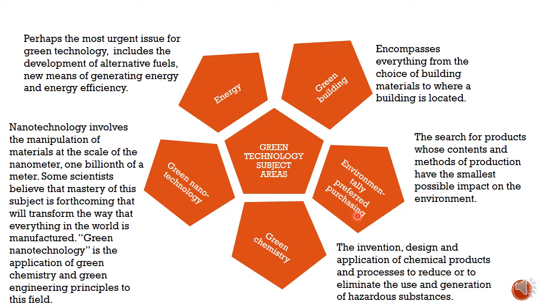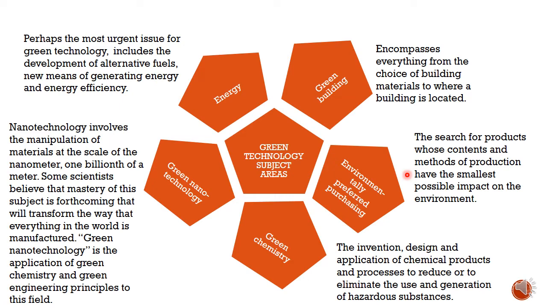So the second area in green technology is environmentally preferred purchasing. So users now have higher green awareness, and they are searching for products whose contents and methods of production, aka carbon footprint, a lower carbon footprint, which has the smallest possible impact on the environment.